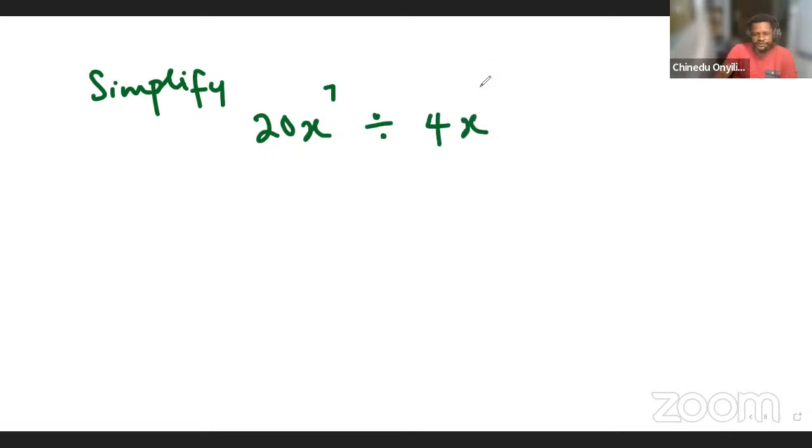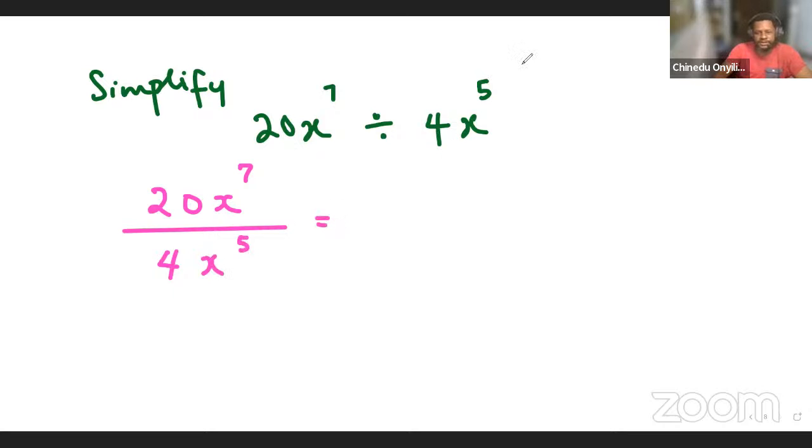Let's say I want us to simplify 20 x to the power 7 divided by 4 x to the power of 5. Now this is division, so we can write it in fraction form as 20 x to the power 7 over 4 x to the power 5.